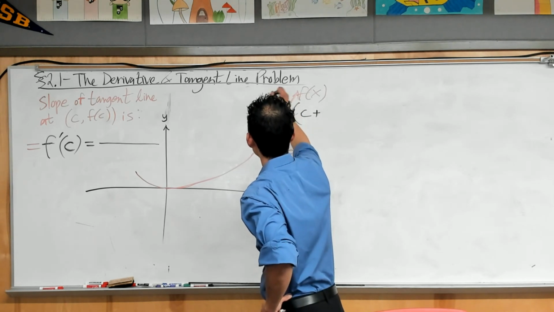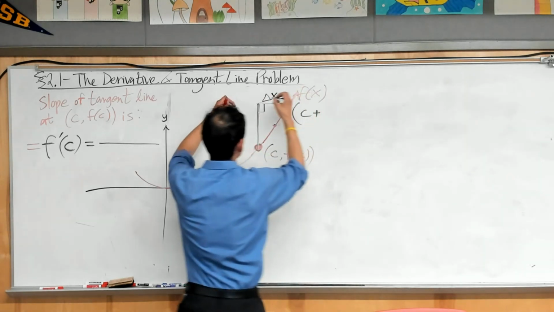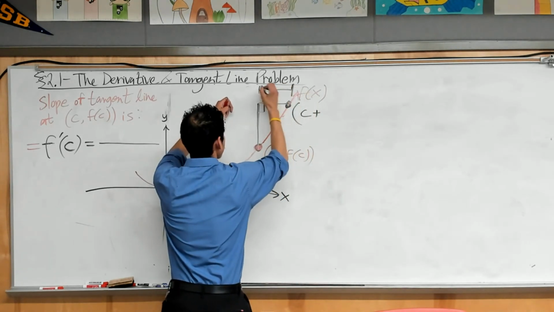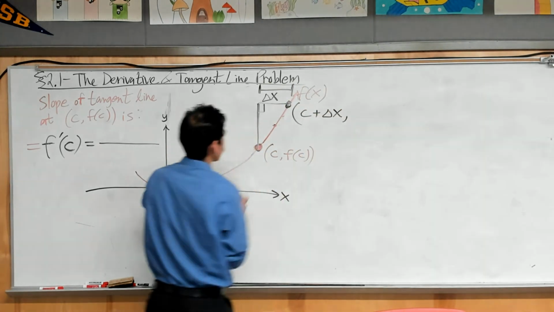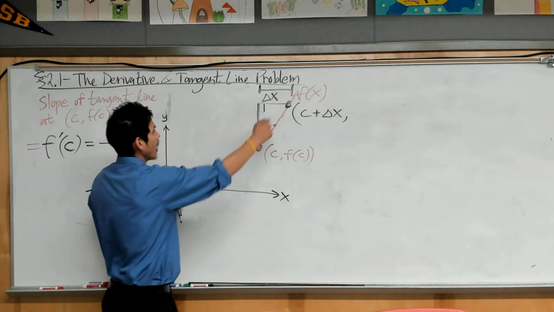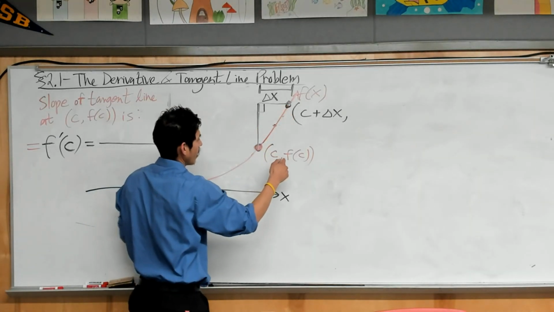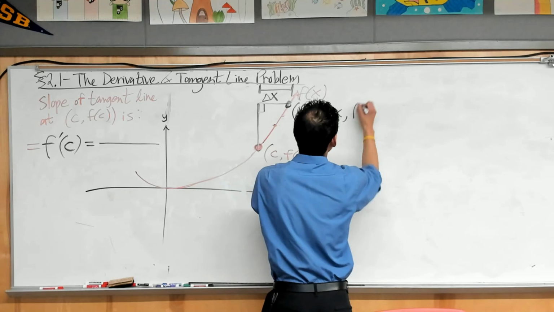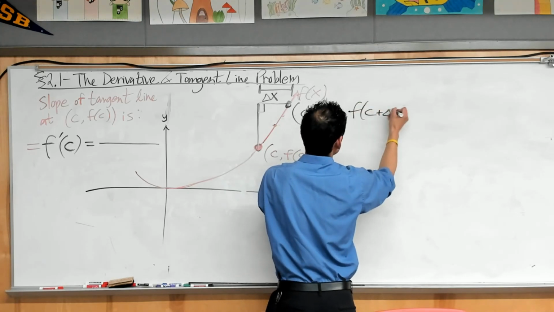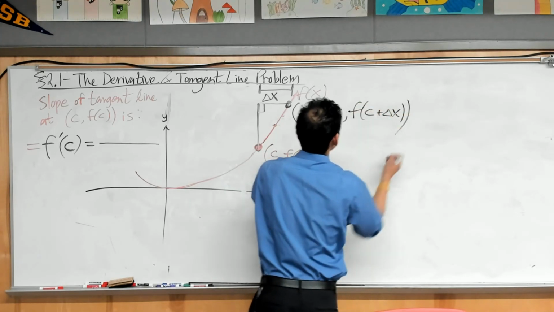Let's make this difference delta x. So delta x is this length from here to here, right? So this coordinate is C plus delta x. And then the y coordinate will be f of C plus delta x, right?